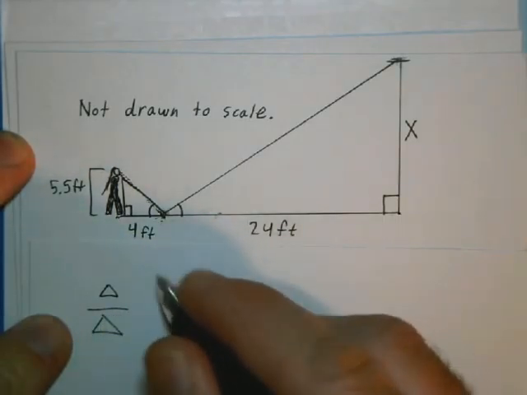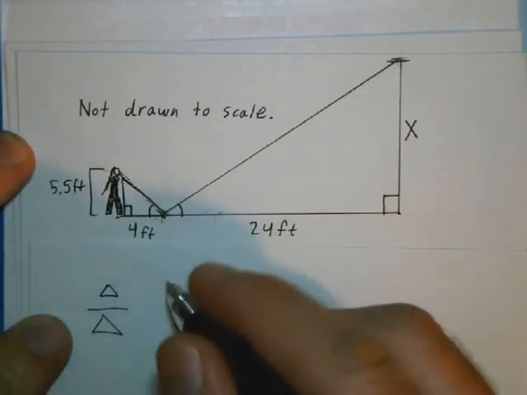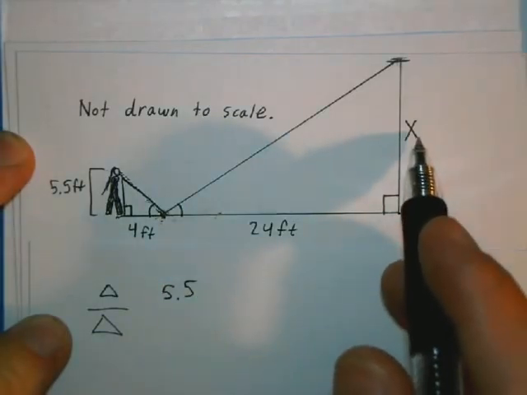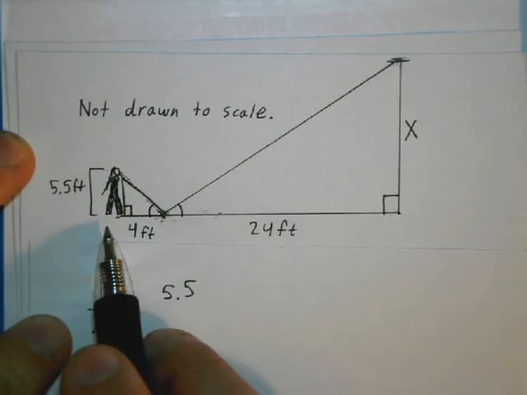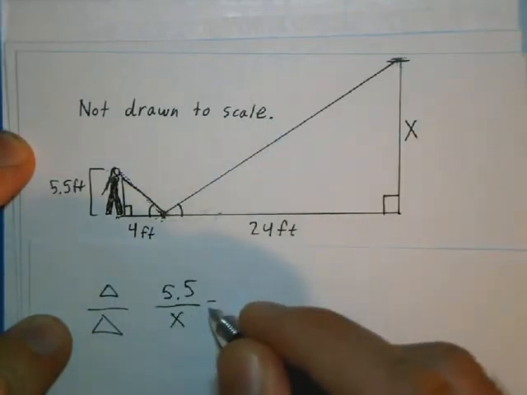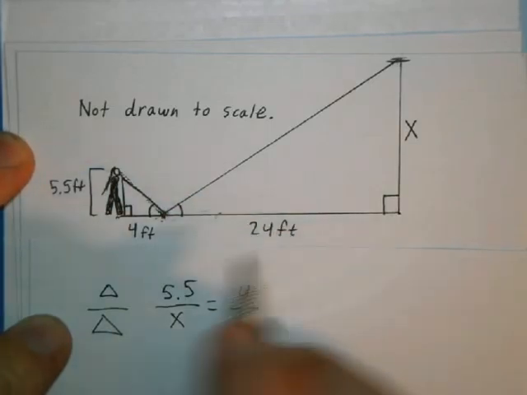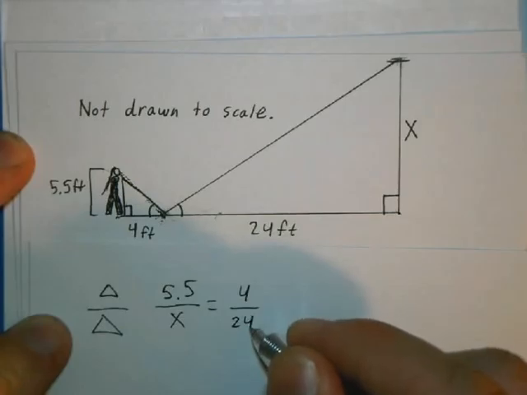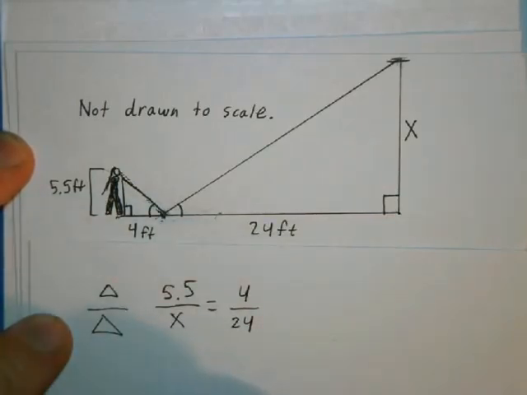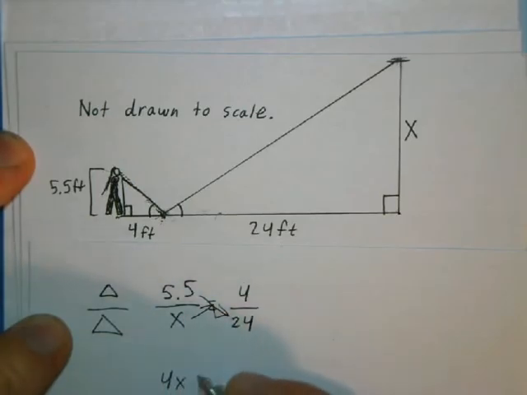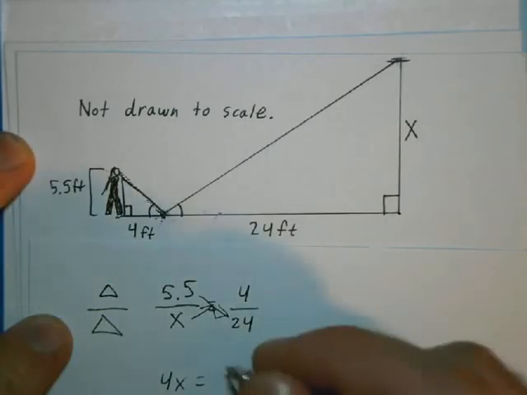And our little triangle, we've got 5.5, and the big triangle, what corresponds with this side, is x. The little triangle is 4, and the big triangle is 24. So we cross multiply, and we get 4x equals 24 times 5.5, which is 132.